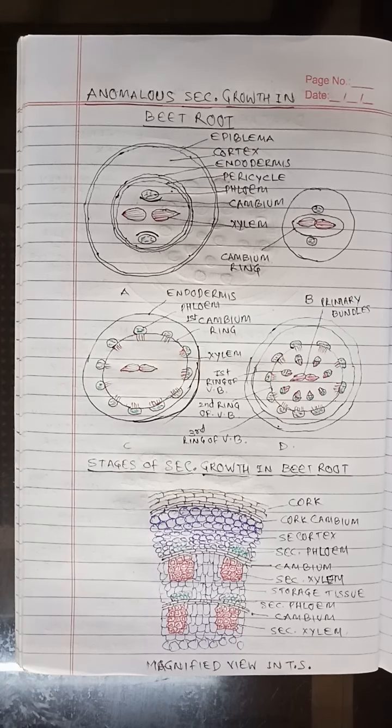This cork cambium divides and redivides, and it forms towards outside cork or bark, and towards inner side the secondary cortex. In this manner, the anomalous secondary growth in beetroot takes place. Thank you.